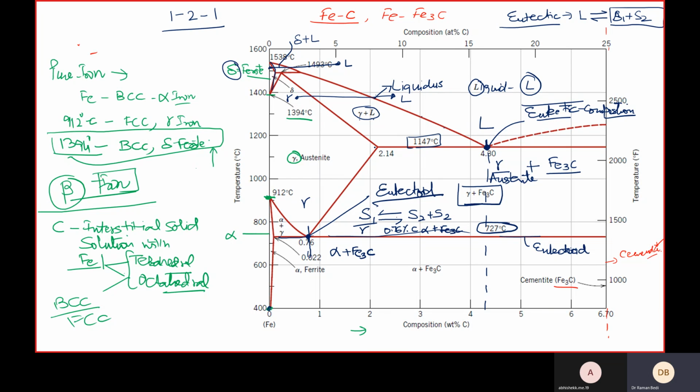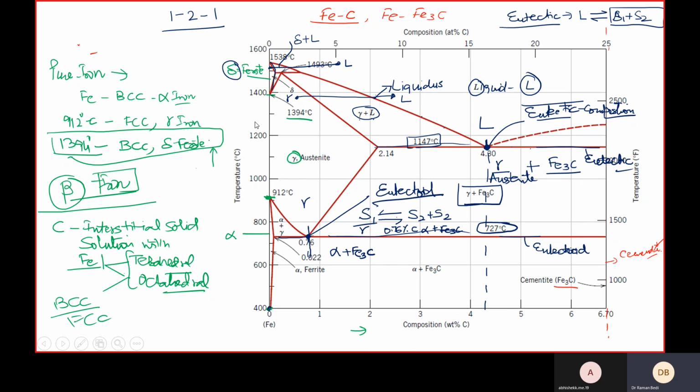And the isotherm that is available to us at 1147 is then called the eutectic isotherm. So you have the eutectic isotherm at 1147 and the eutectoid isotherm at 727 degrees.